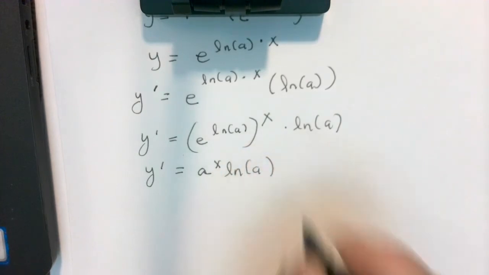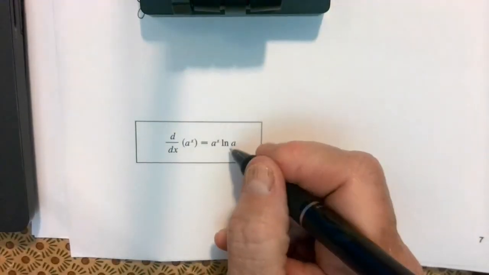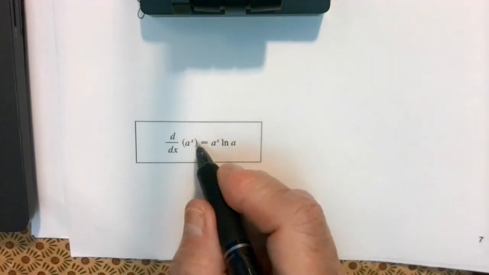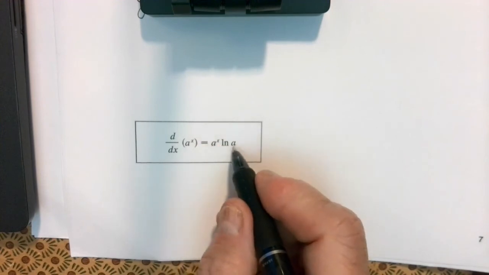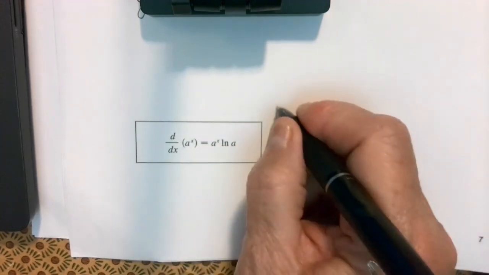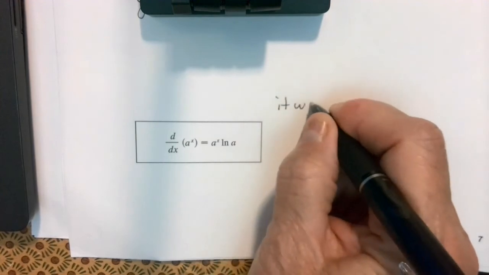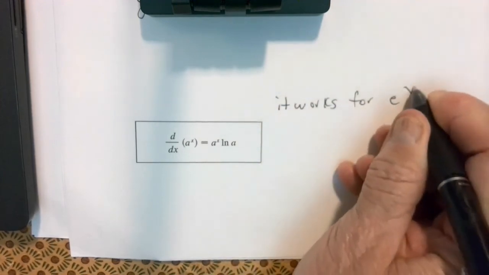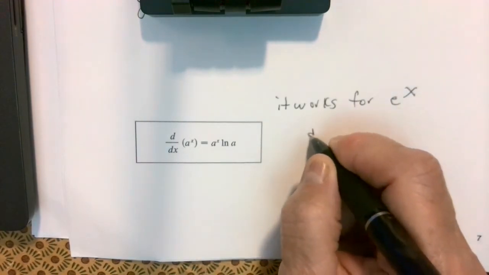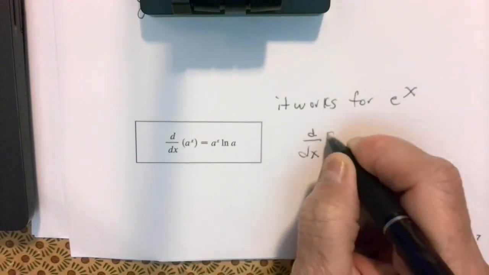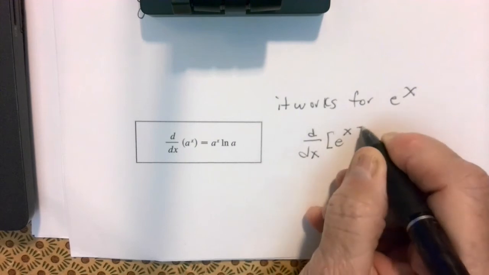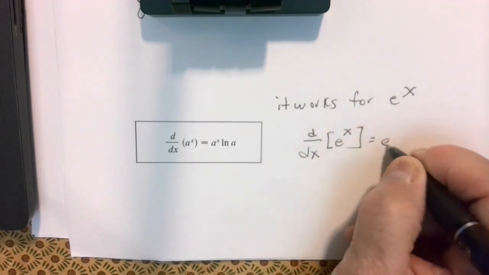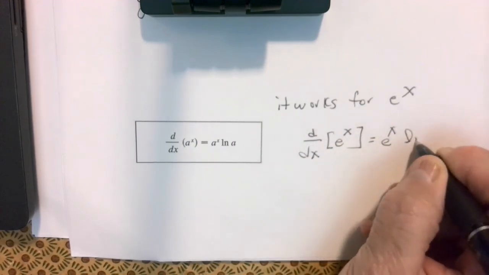And that's the part you're going to need to know, this derivative rule. This is a new derivative rule for you to put on your study sheet: the derivative of a to the x equals a to the x times natural log of a. And it works for e to the x, because if you take the derivative of e to the x and use this rule, it's e to the x times the natural log of e.